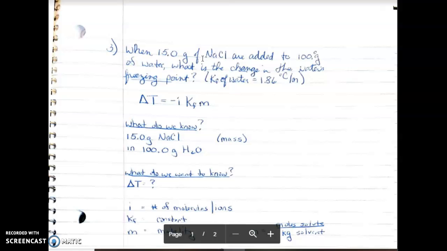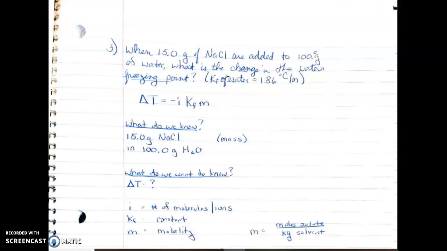So when we look at a word problem like this, we want to know: what do we know? What does the problem tell us? We have 15.0 grams of sodium chloride. Remember, grams is a measure of mass, so we know the mass of sodium chloride.